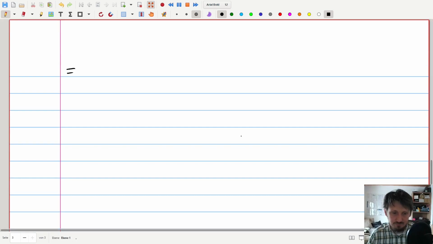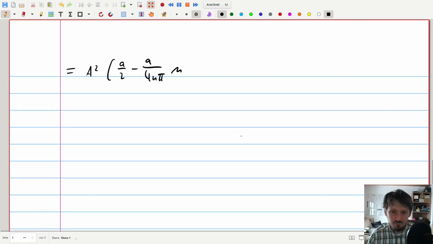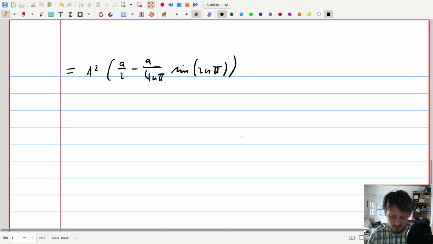And this is then given as A squared. When you insert all the limits, basically you get a over 2 minus a divided by 4n pi sine 2n pi. Yeah, this is everything.